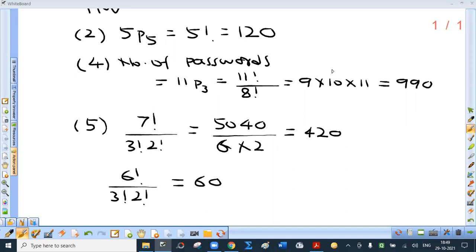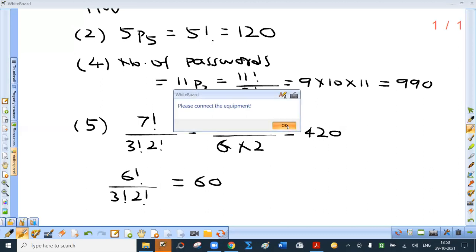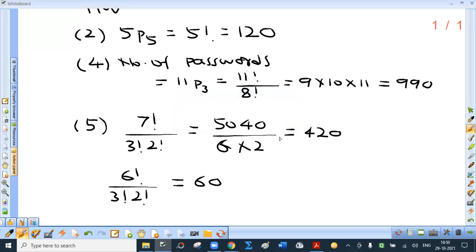Therefore, total numbers formed using these digits equal to 7 factorial upon 3 factorial into 2 factorial equal to 420. Just write this much, 420.